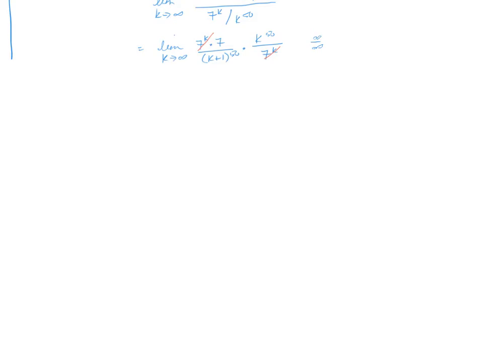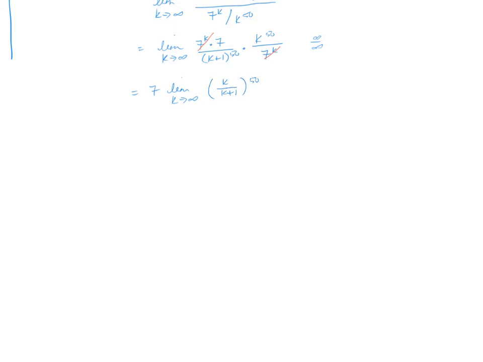But instead, what I'm going to do is, and also notice that I can factor out this 7 in the numerator because that's just a constant. What I'm going to instead do is notice that both of these expressions, k and k plus 1, have the same exponent. So algebraically, I can write them as k over k plus 1 to the 50th power. I can combine them.